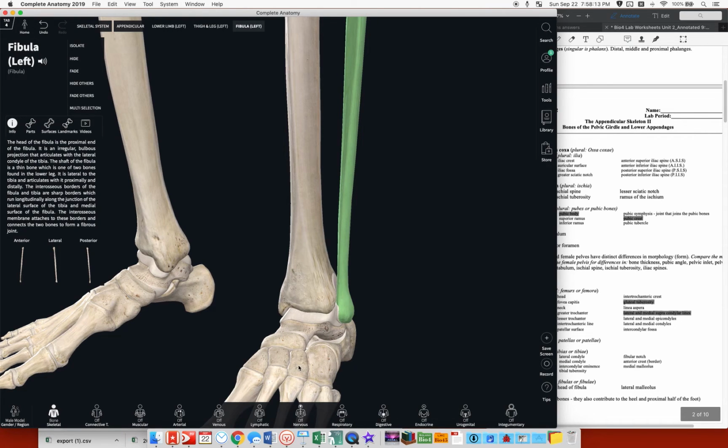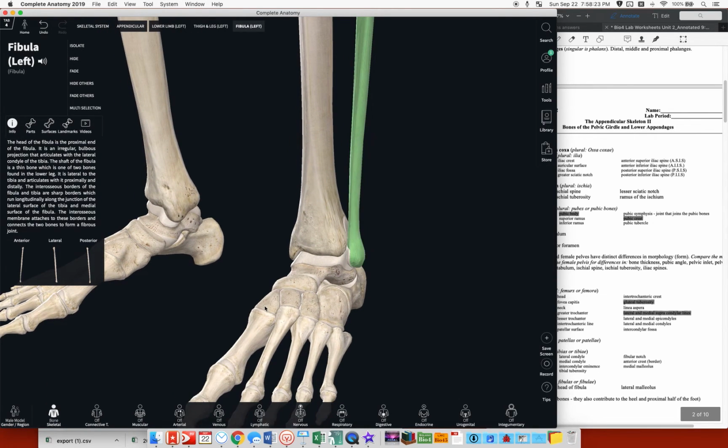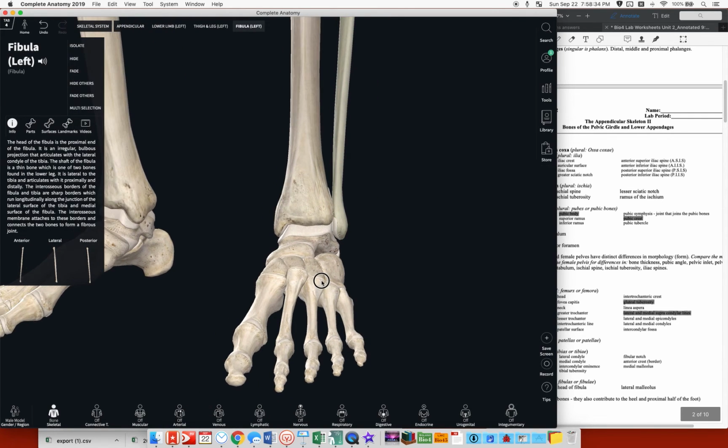That's cuneiform, not cuboid. So medial, intermediate, and lateral cuneiforms. Medial cuneiform, intermediate cuneiform, lateral cuneiform. You can use the mnemonic we've talked about in class for those.